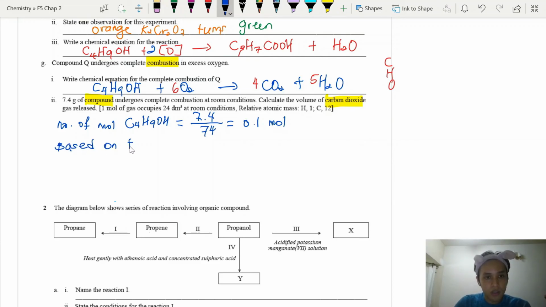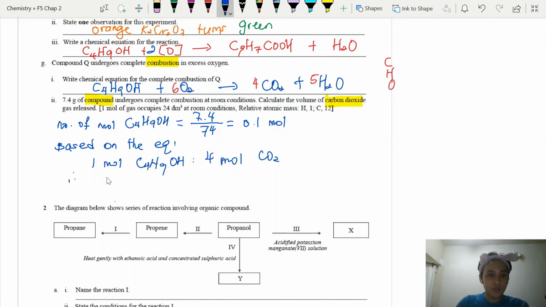Based on the equation, 1 mole of butanol is equivalent to 4 moles of carbon dioxide. That is how we take the ratio between what you already calculated in the first step and what they want. Therefore we use 3 dots.